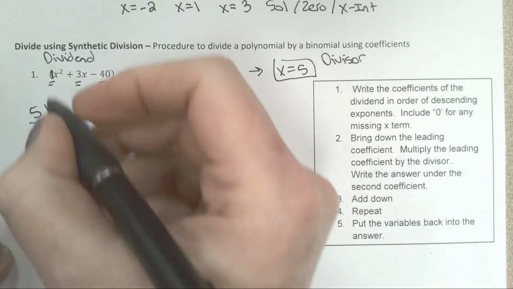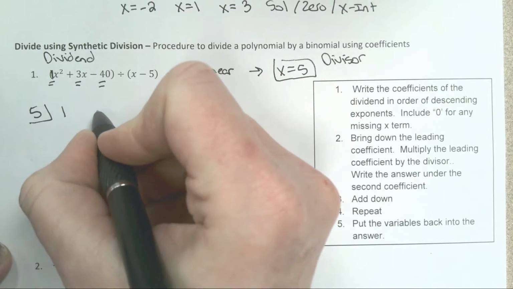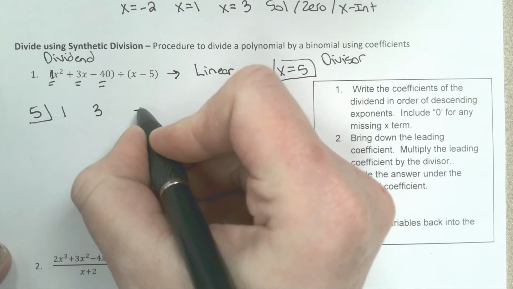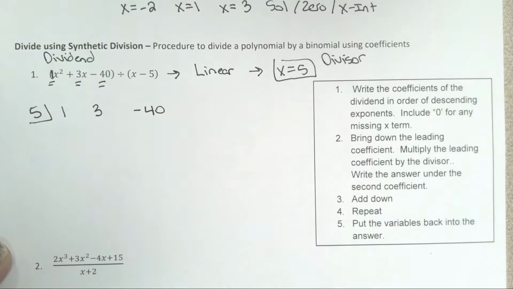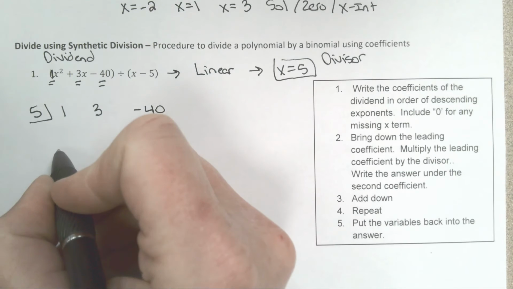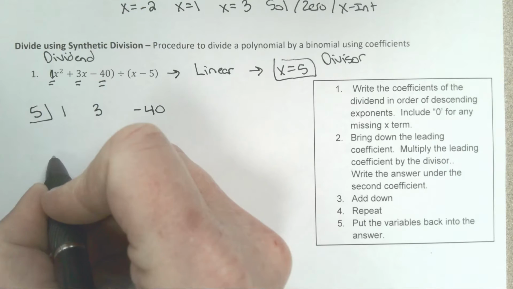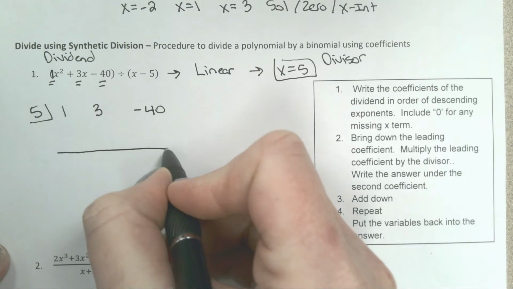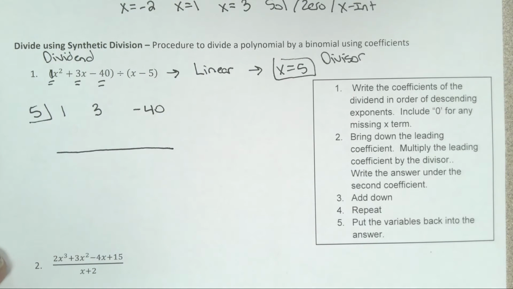It says you bring down the coefficients. So my coefficients are 1, 3, and negative 40. We write them down, giving a little space in between them, because we're going to put a row of numbers here.